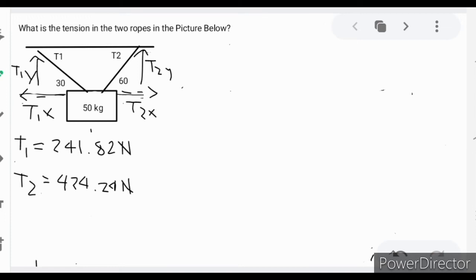Okay, we have this time Tx sub 2 is equal to T sub 2 cosine theta sub 2. So the value of T sub 2 is 424.24 Newton.